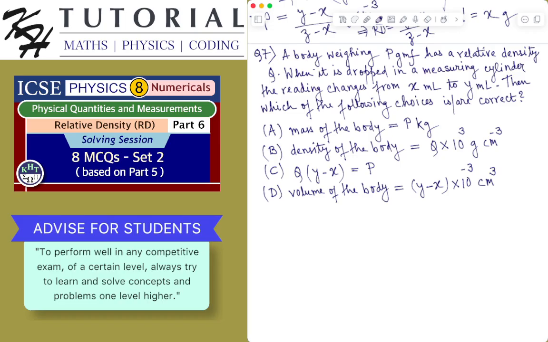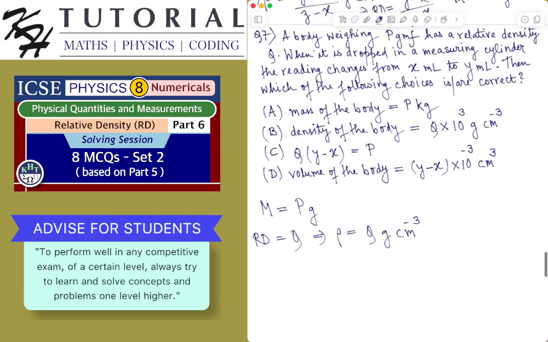Some choices are given. We have to select which of the choices are correct. More than one choice can be correct. Now, a body weighing p gmf, so definitely we can say the mass of the body is p gram. The relative density is given to be q, so I can say that the density of the body is q gram per centimeter cube.